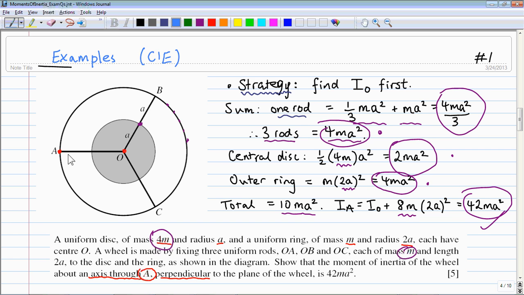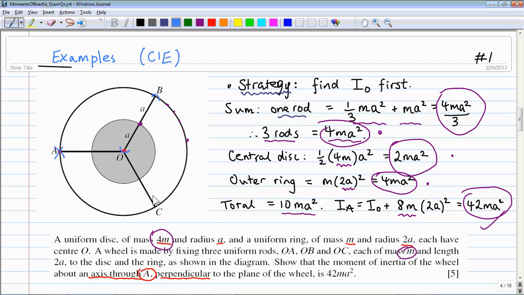It would be a bad idea because if we use this as our center point, we're going to have to find the moment of inertia of the rod OB about A. And that will be a little bit annoying because you know the moment of inertia of OB about its center, but then you somehow have to find the distance from that center to A using the parallel axis theorem, which is an extra piece of geometry that I don't want to do.